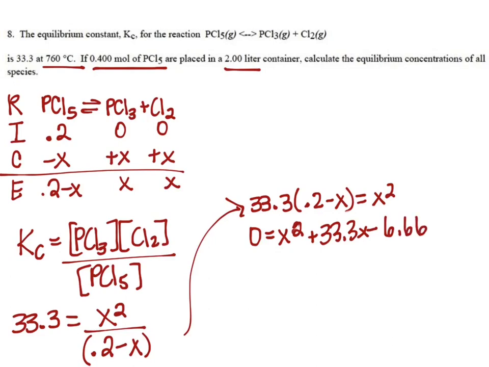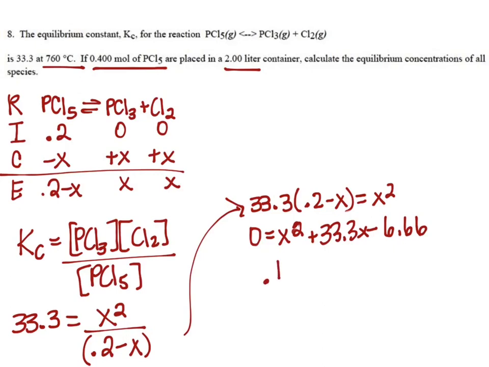So we go to our quad form, go to your program, and run your program. So A is 1, B is 33.3, and C is negative 6.66. And we get 2 numbers.